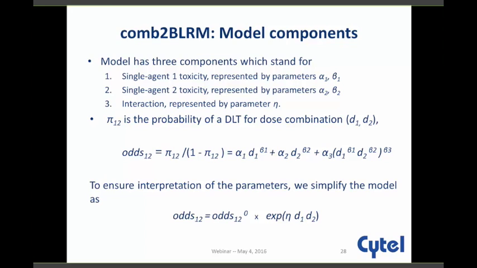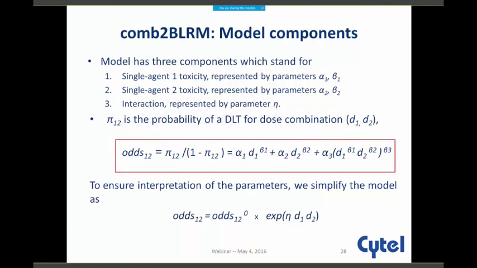There are different types of parameterizations that you can use to model the probability of toxicity of a dose combination. The one that you see here is what has been presented by a seminal paper by Fall, where you're looking at the odds of a DLT instead of the probability of a DLT.